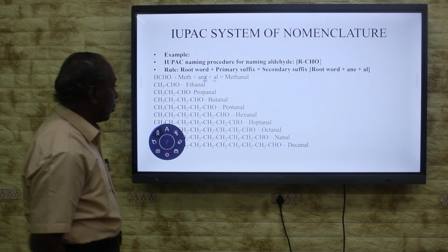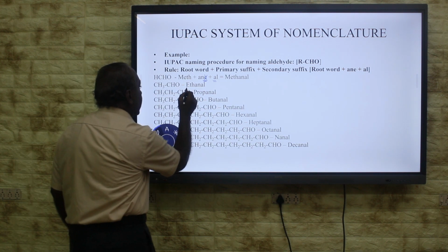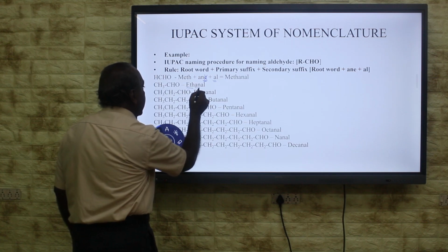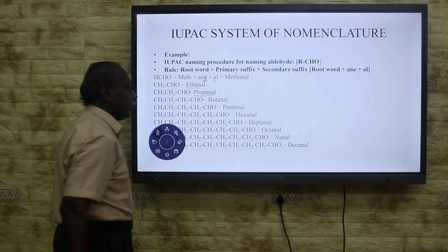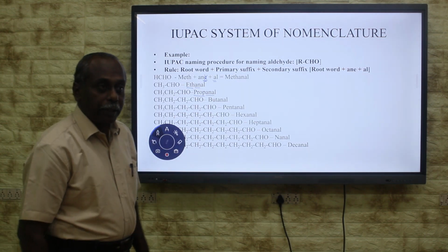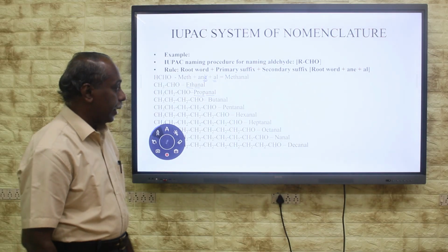In that manner, 2 carbon is indicated as ethanal, 3 carbon as propanal.